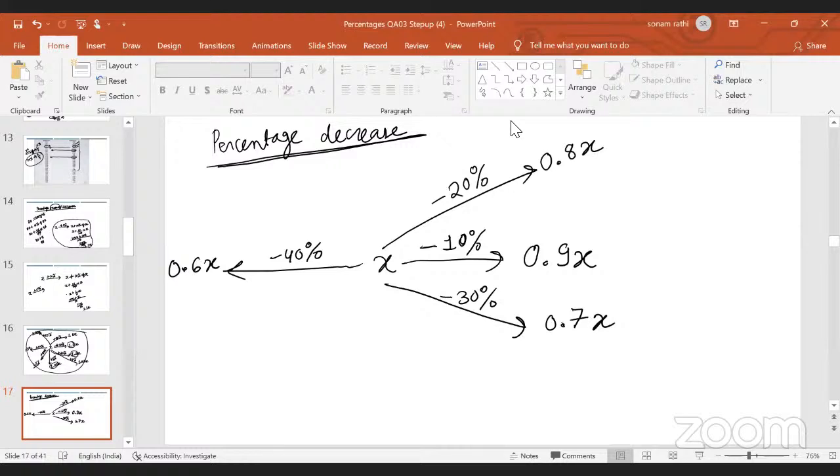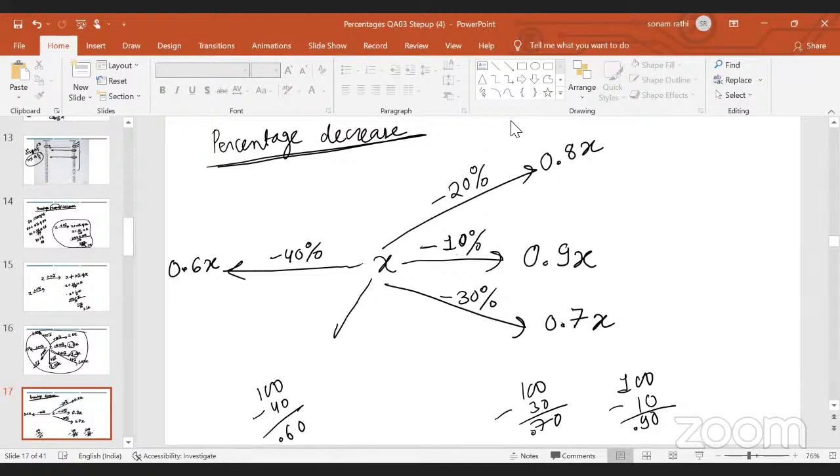So basically what you're doing is 100 minus that number. 100 minus 10, I am getting 90, so 0.90x. 100 minus 30, 70, so 0.7x. 100 minus 40, 60, 0.6x, correct?